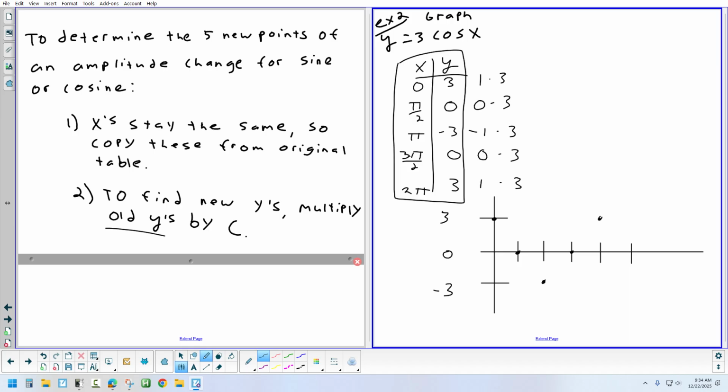And I should put my labels on here. The only time you don't have to label is if you're going by ones. Whenever you go by ones, it's understood that if you don't have labels, that's what it means. But technically, I am not going by ones. I'm going by pi over 2s. Okay, so we got everything. Just draw your sketch.